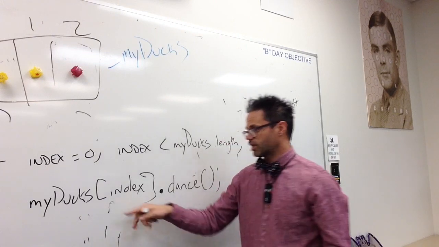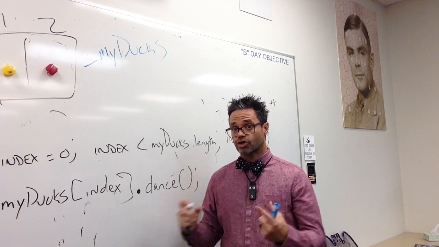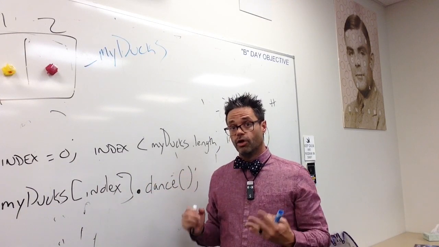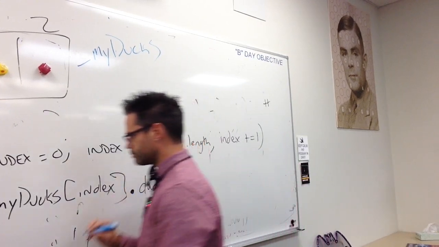Now, I can also take this out, and instead of referring to the array subindex and then calling the method on that, I can extract the individual object out of the array, refer to it as a variable, and then do the same thing.